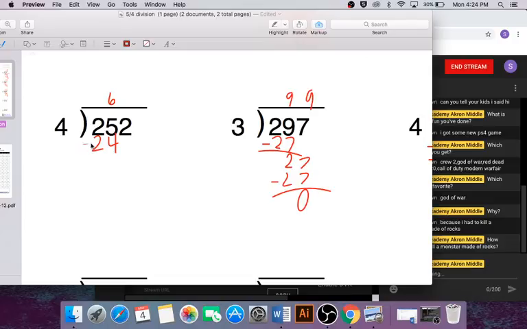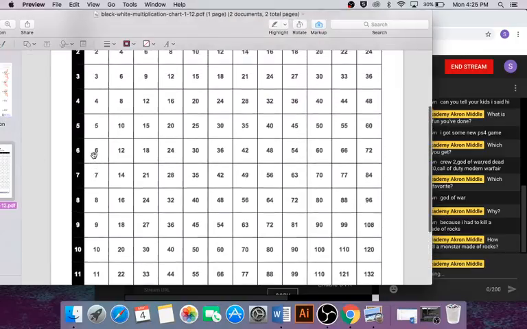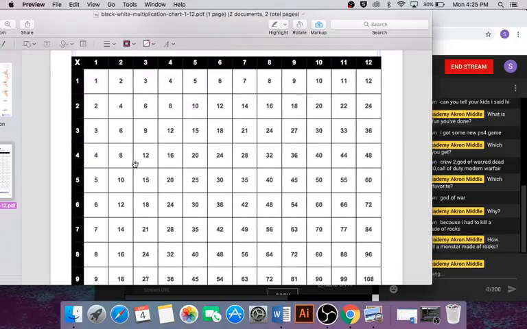So now we have 25 minus 24, which is 1. We're going to bring down our 2. Now we need to figure out how many times 4 goes into 12 without going over. So we go back to our 4 times table. We go up, we find 12. We see that 4 times 3 is 12.